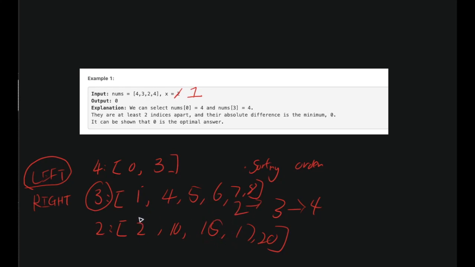I want to pair it with 2 because it will have a larger x. That's why every time we're going to keep track of the leftmost and the rightmost of each seen value. But that's not the end of the story. It is possible that none of these will fulfill the requirement of x, so we have to go even lower.